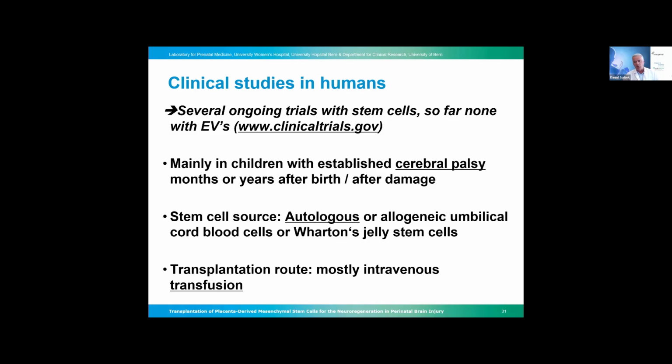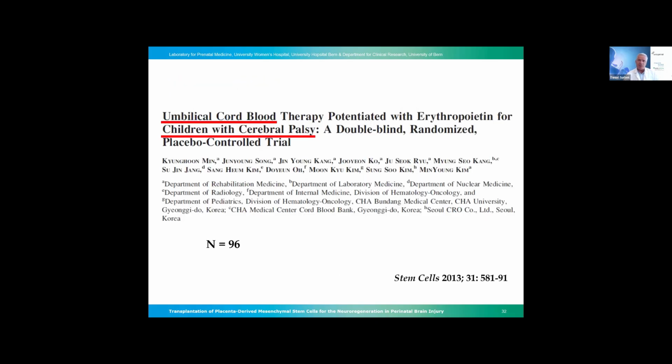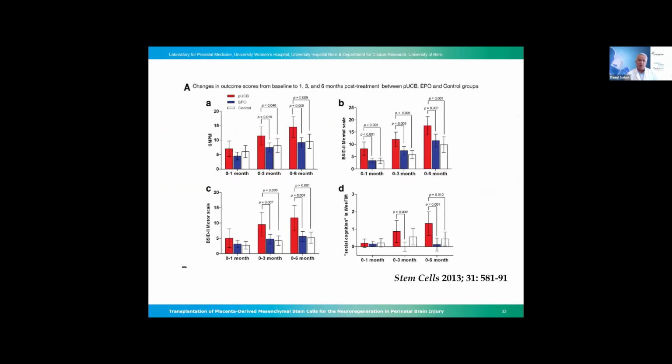And I want to just show you the initial study which has been published, and these are all now clinical studies. That was about over 10 years ago, when this group in Seoul, in South Korea, published this randomized control trial using umbilical cord blood stem cells in children with cerebral palsy. They randomized, and they could find a better outcome, specifically after 6 months in these children.